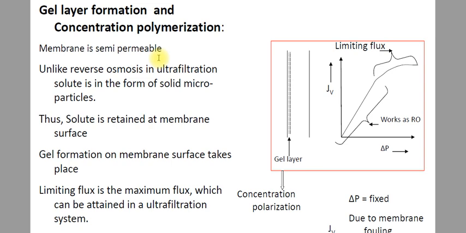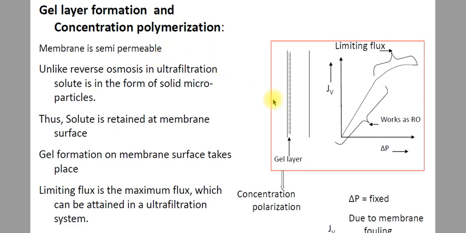Suppose you are using the reverse osmosis membrane for separation of NaCl. The solubility of NaCl in water is very high. It might be soluble up to 20% or 50%. More than 50% salts can be dissolved in the water. But here you are separating out solid microparticles.